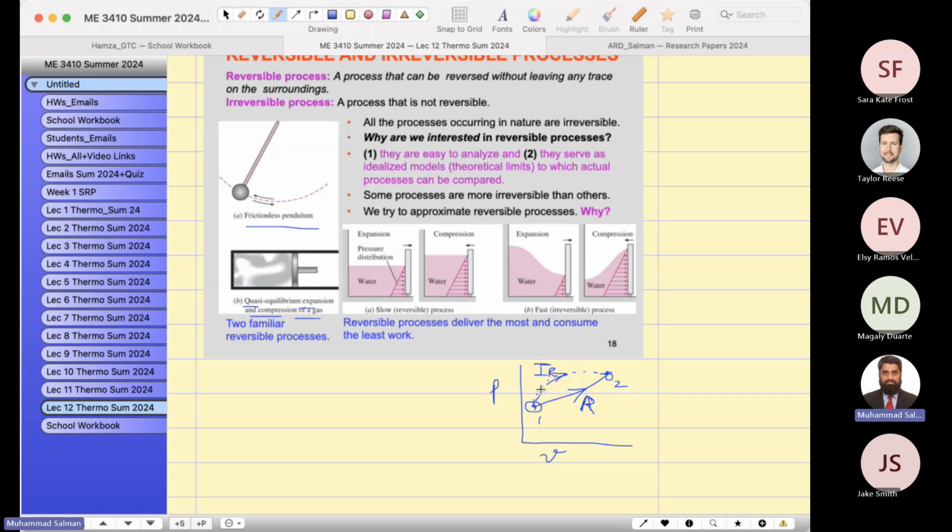Any process represented by a dotted line is an irreversible process.